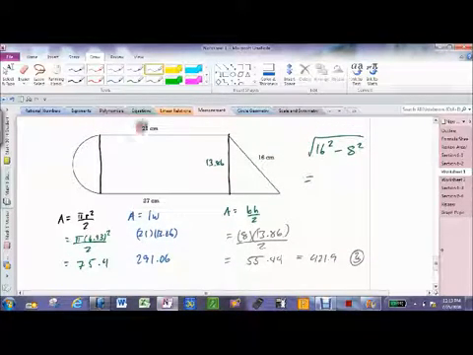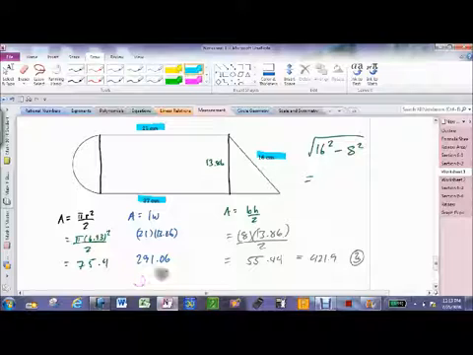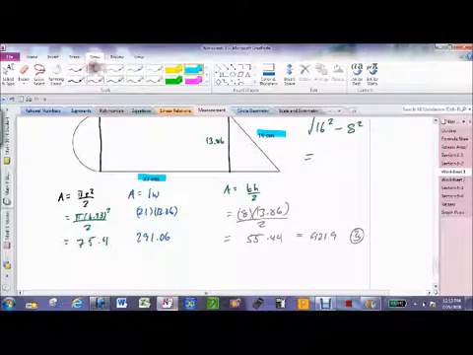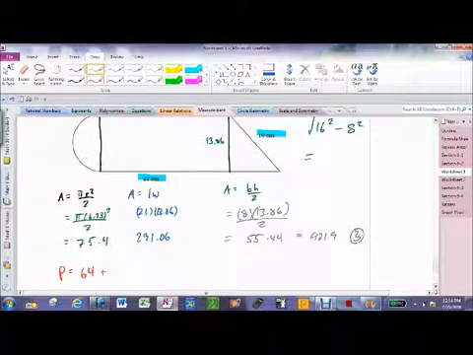Perimeter, 21, 27, and 16, right? Perimeter was 64 plus half a circle, right? What's half a circle? What's circumference of a circle? It's pi d, yeah? But I need half of that, so it must be pi d divided by 2, right? D was 13.86, right?